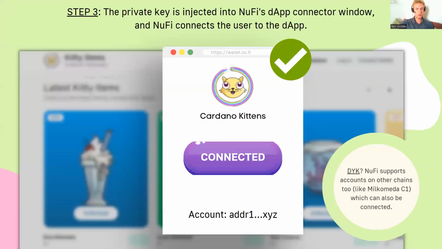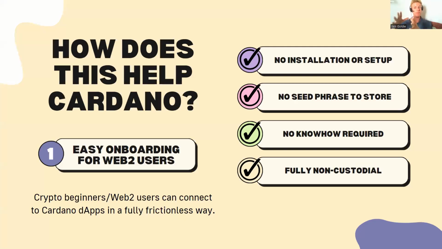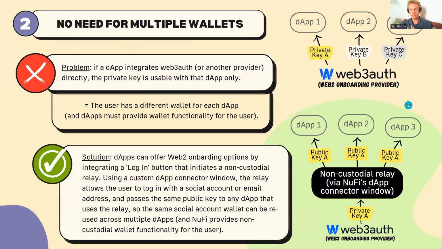Now, another reason that we are proposing this solution, aside from making onboarding into Cardano as easy as signing in with a social account, is that a dApp, imagine again, an NFT project or a marketplace or a game, may want to onboard Web2 users, but one issue that they'll find is if a dApp directly integrates this kind of software that I showed before, the user's wallet is usable with that dApp only.